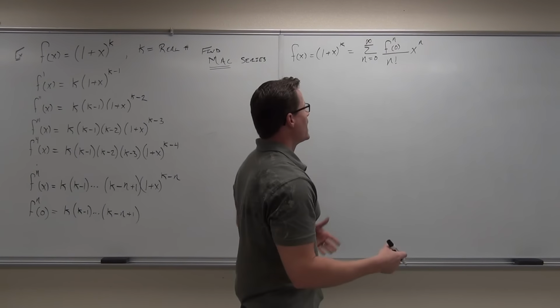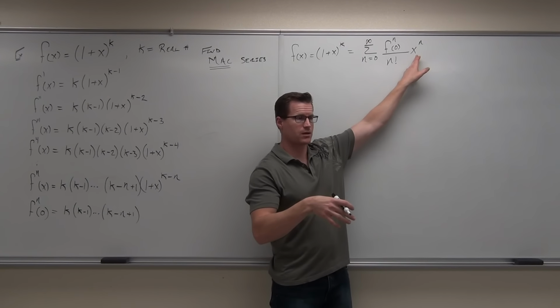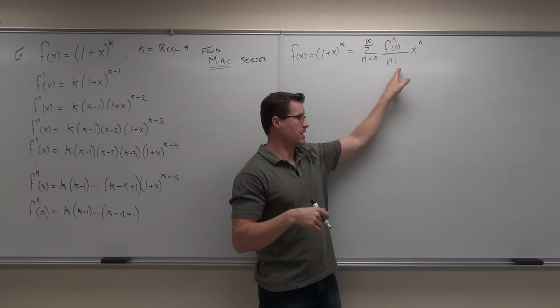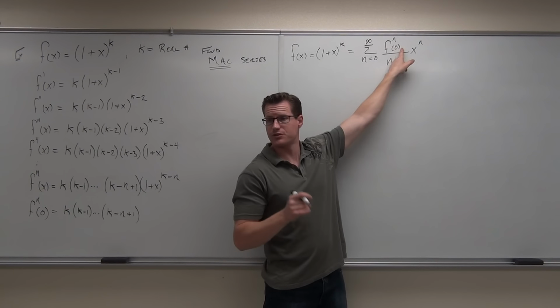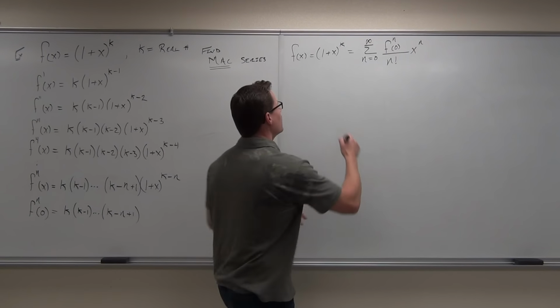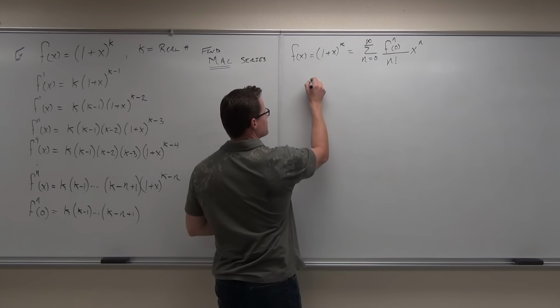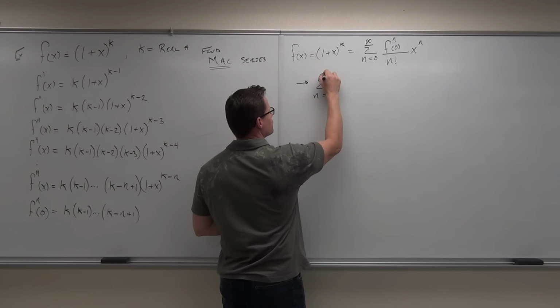All right, cool. Well, hey, you know what? This part is going to be there no matter what. It's centered at 0, yeah? That's why we have Maclaurin series. This is over n factorial. Not a problem. This one, do we know our expression for the nth derivative of f at 0? In fact, we just found it. It's right there. So now we say, okay, this series is n equals 0 to infinity.